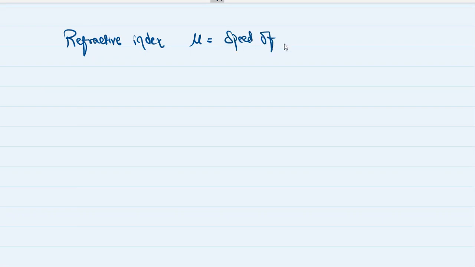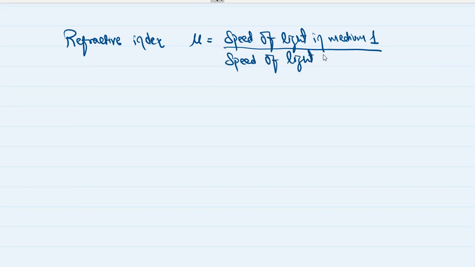Speed of light in medium 1 upon speed of light in medium 2. Speed of light in medium 1 upon speed of light in medium 2.